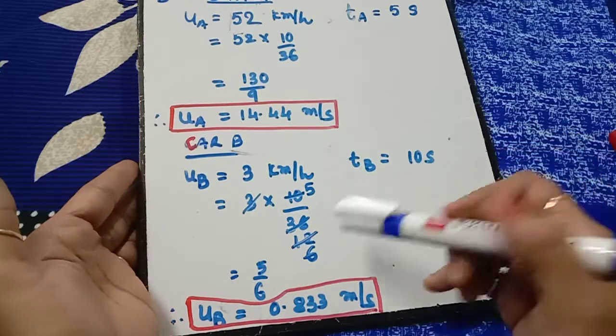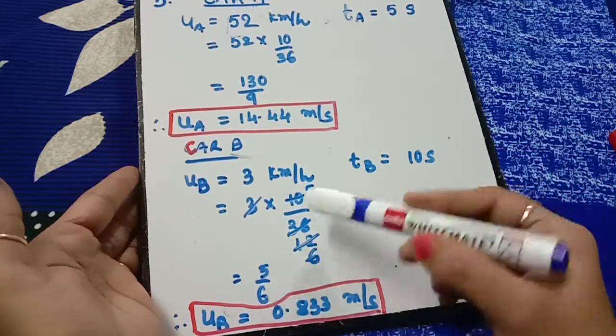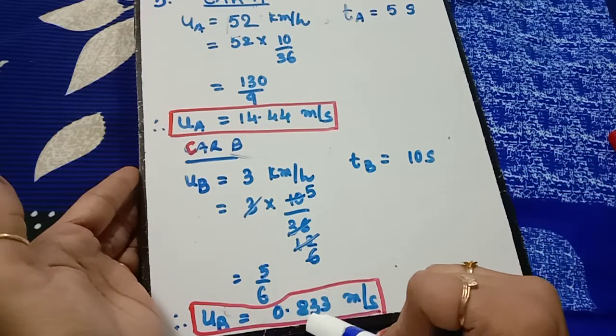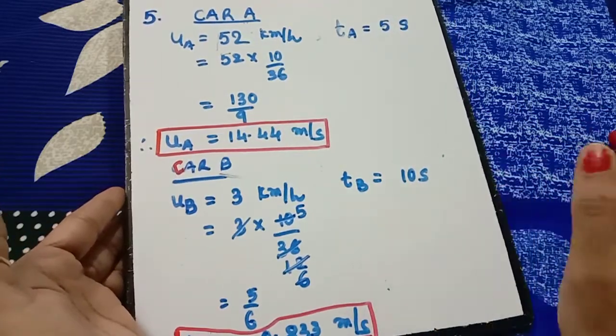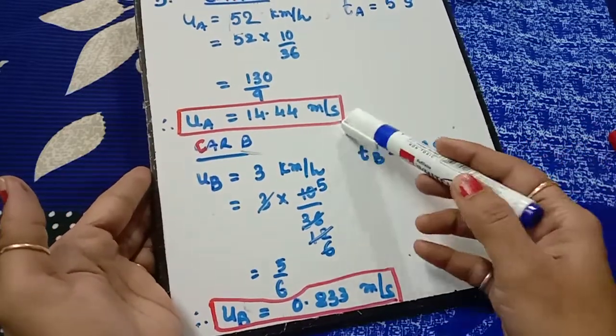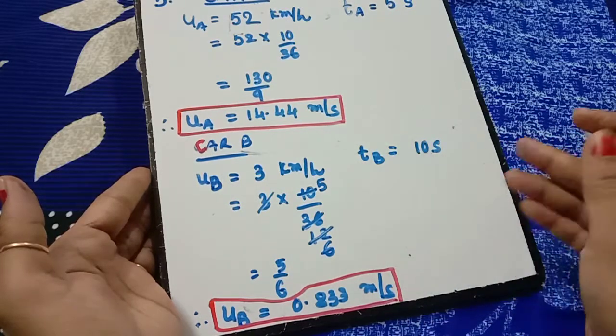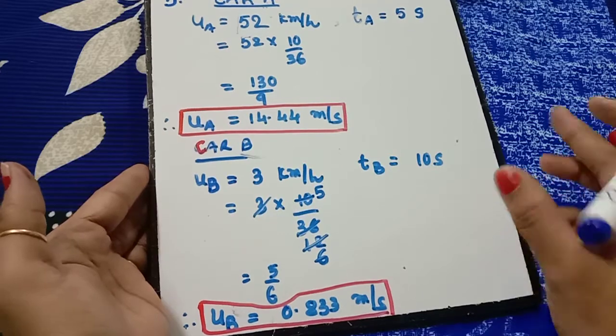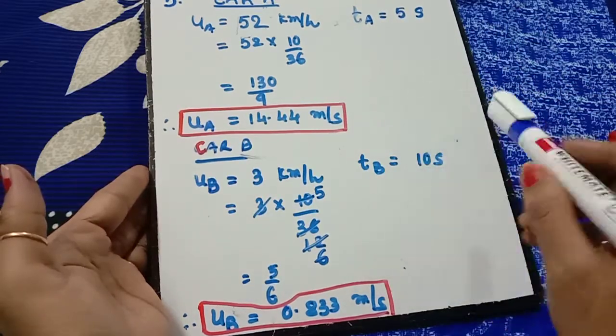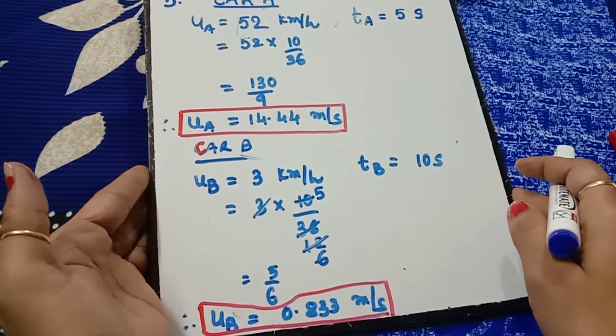When you solve, you will be getting 5 by 6, and UB is equal to 0.833 meter per second. The time is 10 seconds. Now from the speed also you can make out which car goes farther, but we will draw the graph and then we will find the distance. Then we will write which car goes farther.